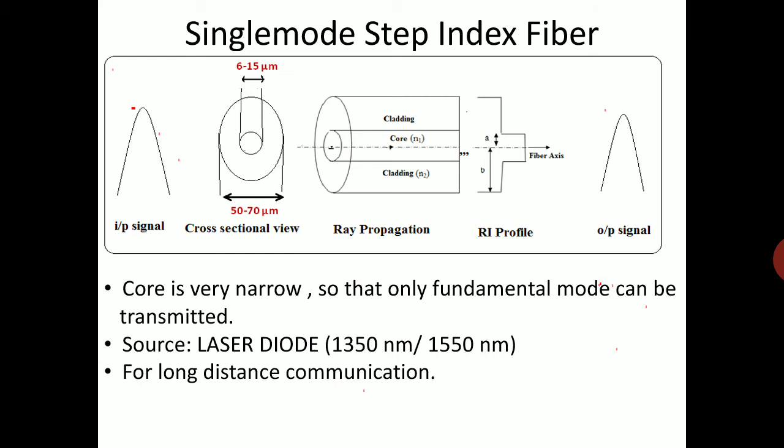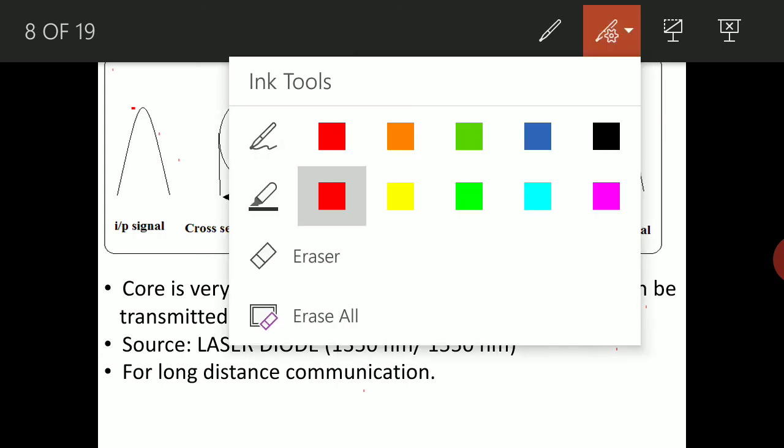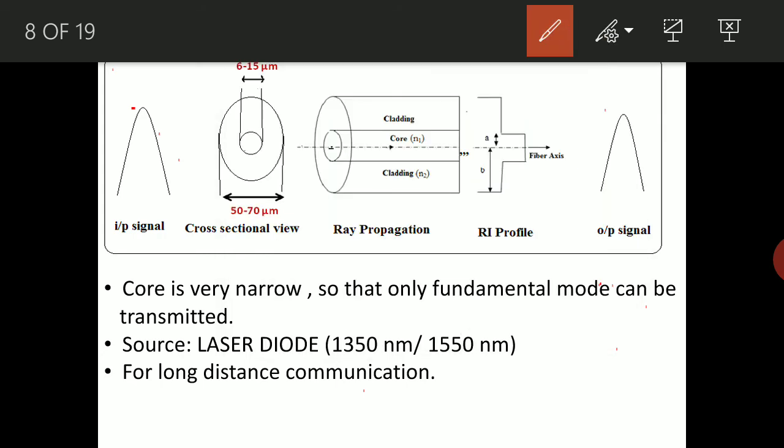Its wavelength is 1350 nanometer or 1550 nanometer. Usually this 1350 or 1550 nanometer falls in the IR range, the infrared range. So this is the communication window, 1350 or 1550 nanometer.